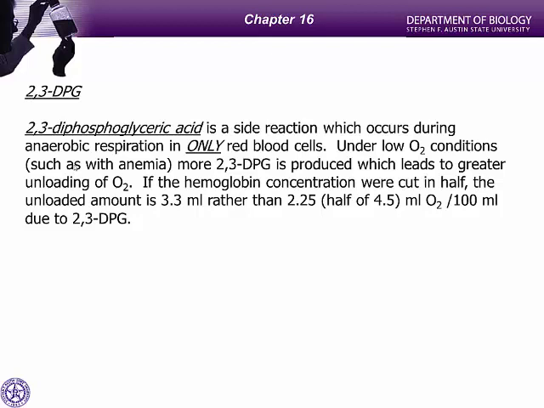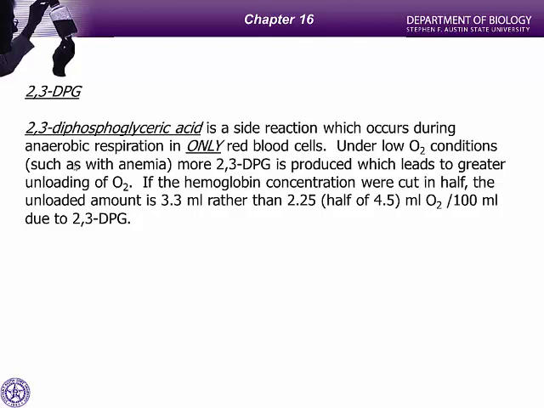And it's going to be a molecule that's called 2,3-DPG, diphosphoglyceric acid, and this is only found in red blood cells. And so what's going to happen when we're in anaerobic conditions, our oxygen levels are low, 2,3-DPG is going to be producing greater amounts. And this greater amount of 2,3-DPG will lead to a higher unloading.